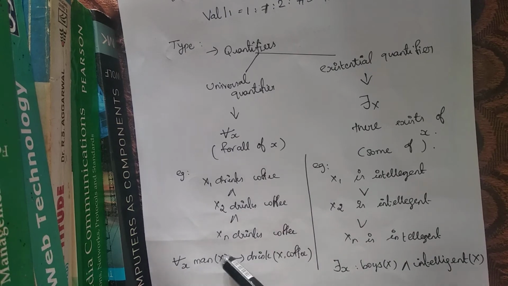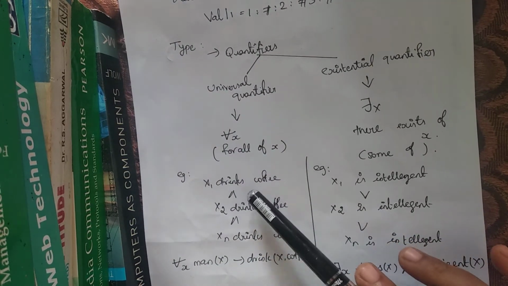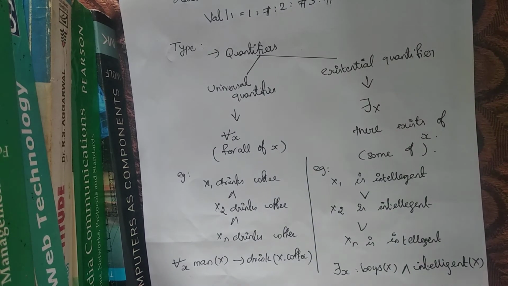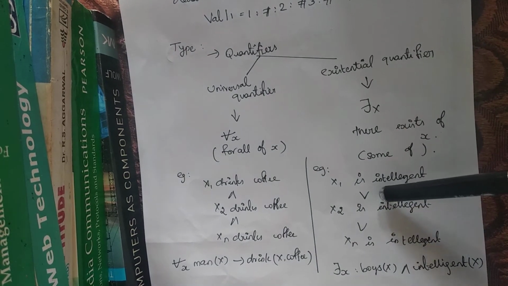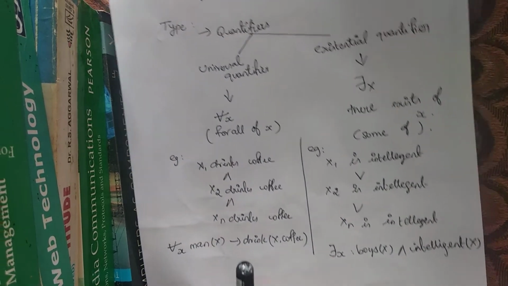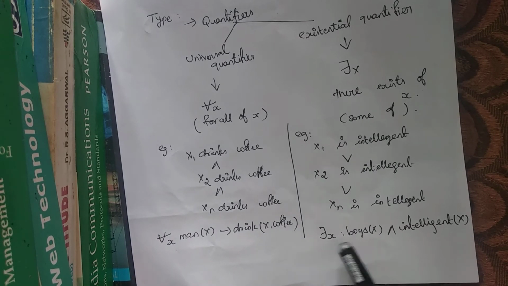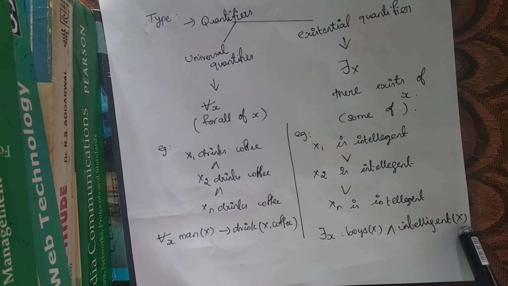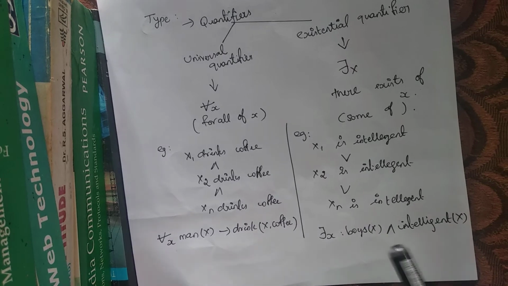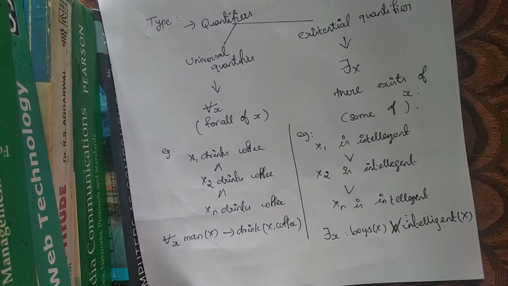Here, all the men can drink coffee, so we use the AND condition for the universal quantifier. Whereas for there exists, we can use the OR condition for the existential quantifier. Here I can write the code for some of the boys are intelligent, right?